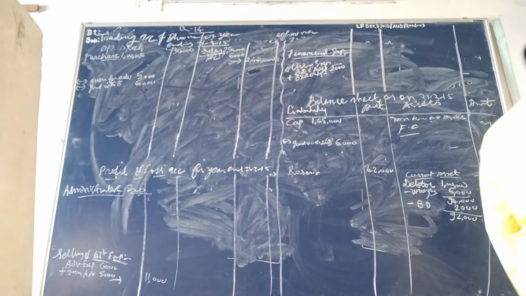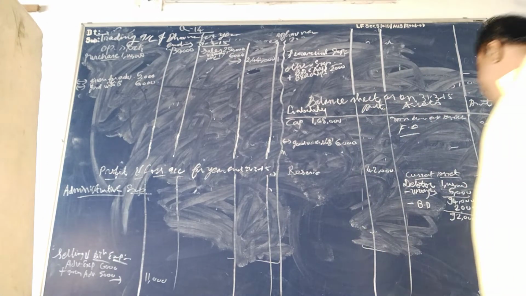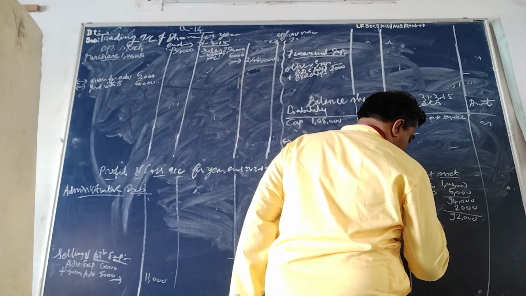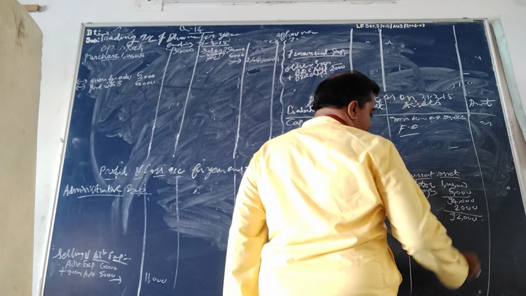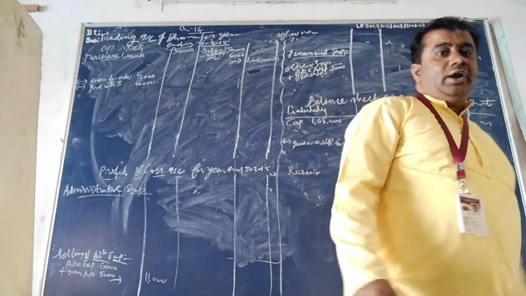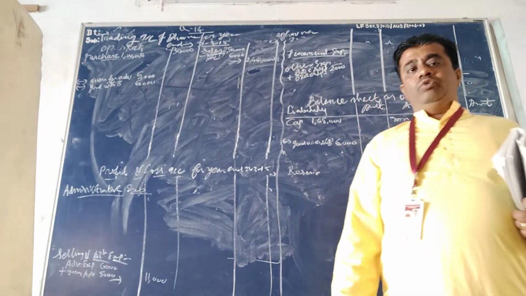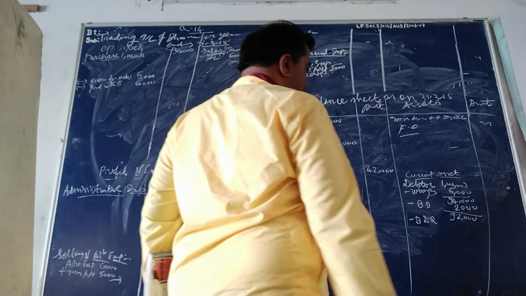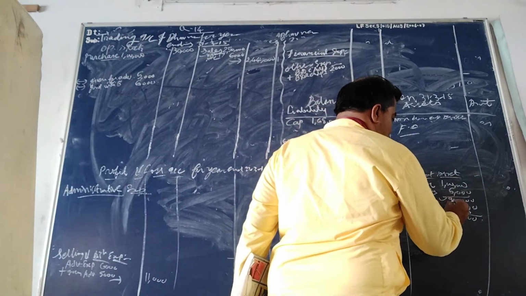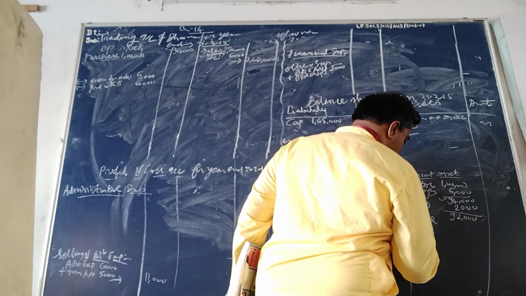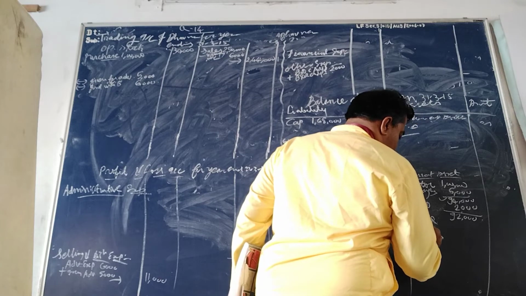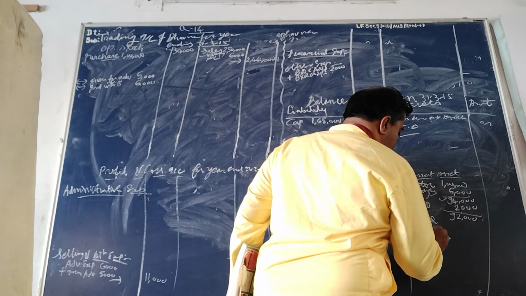Okay. Now we find the bad debt reserve. Bad debt reserve is always calculated only on the doubtful debt. So what is the doubtful debt over here? We have here 94,000 actual debtors minus 10,000.